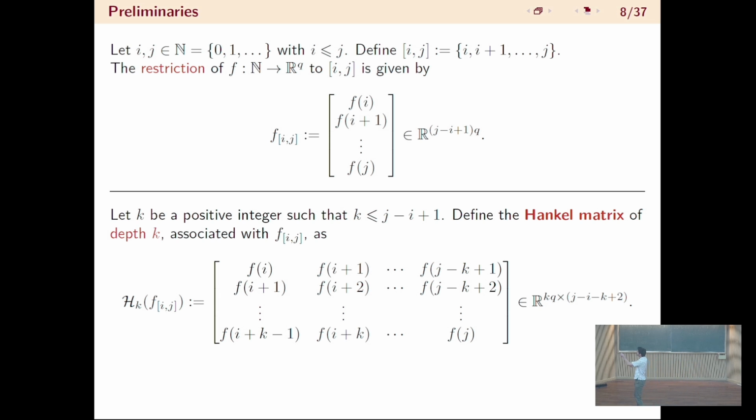Well, in the second column, we start at fi plus 1 instead of fi. So we shift by 1. We go from fi plus 1 up to fi plus k, like that. And we keep doing that until we reach this point fj in the last entry. So every column, again, is a shifted version of the previous one.